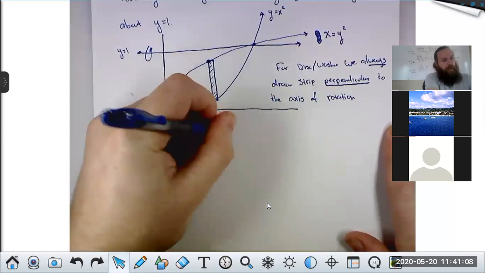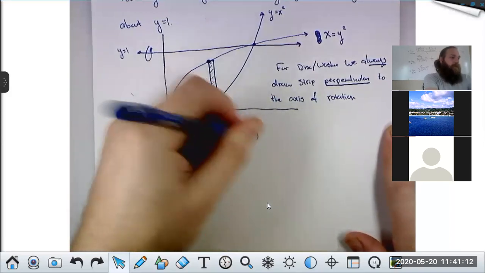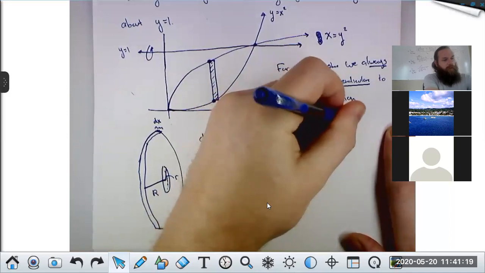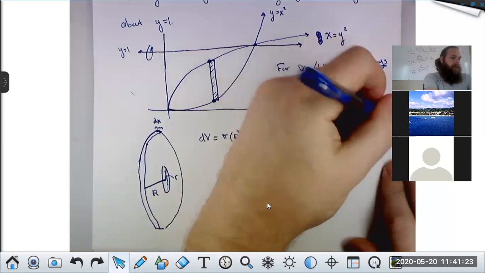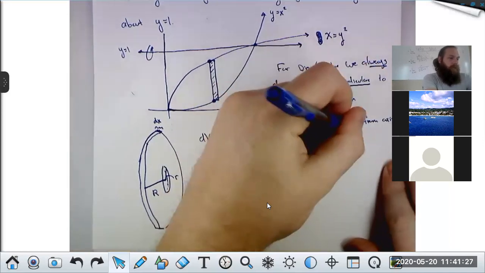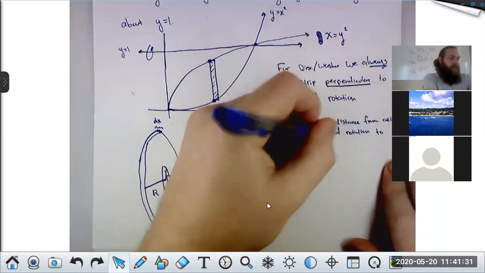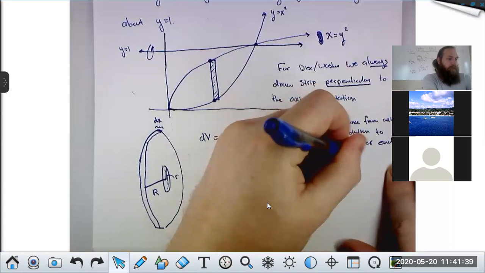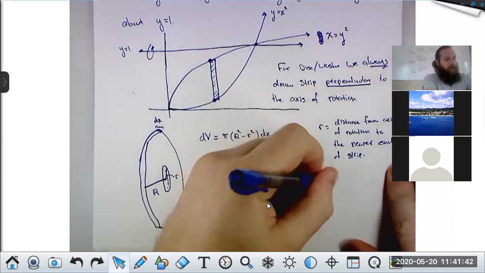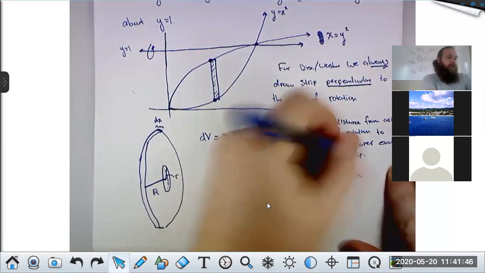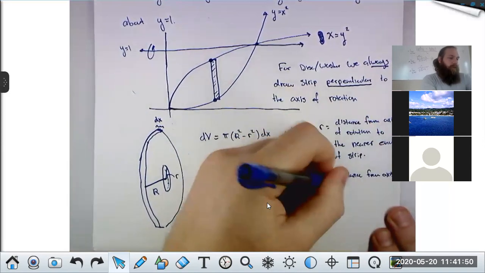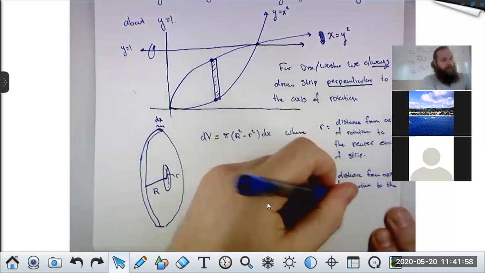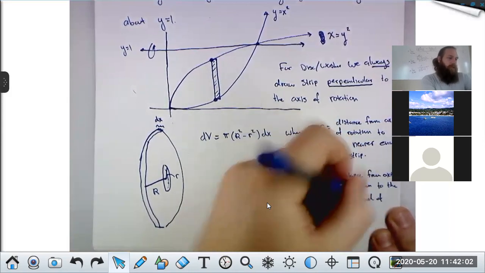So dV is pi times capital R squared minus little r squared dx, where little r is the distance from the axis of rotation to the nearer end of the strip, and cap R is the distance from the axis of rotation to the further end of the strip.